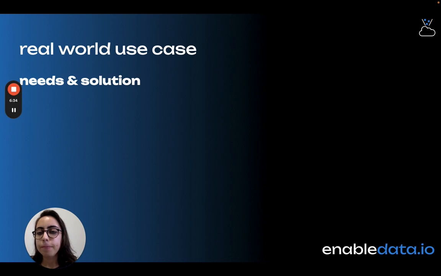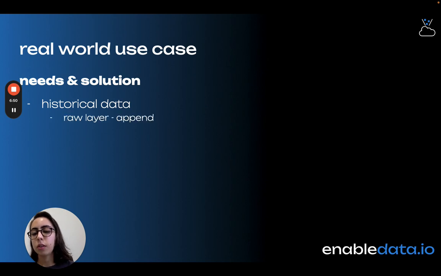And I'm going to list all of the needs and their respective solutions. We needed historical data so the data analysts could look into it and deep dive into their analysis. So a raw layer was created, and in this layer we appended data.